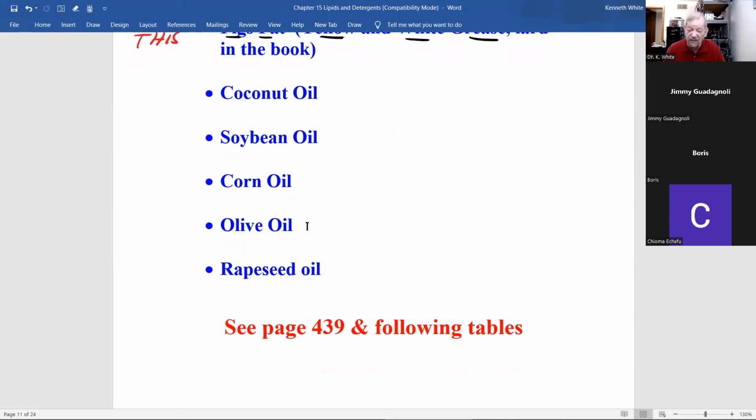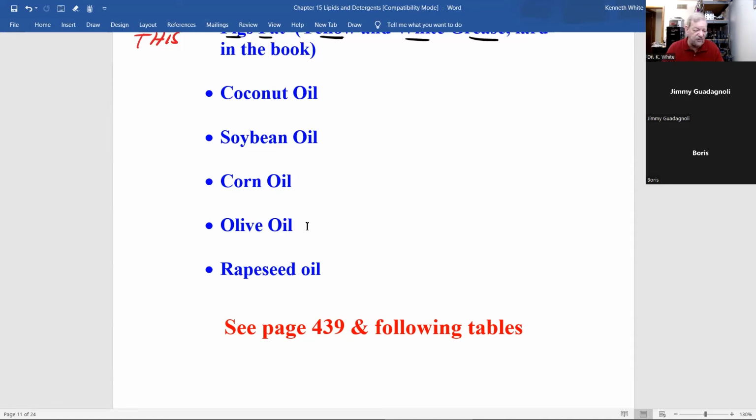Rapeseed is pressed, the seeds are pressed to make the oil, just like olives are pressed to get the oil out of them. One of the big places rapeseed oil is grown is Canada. They were trying to get Americans to buy this, but they wouldn't. Someone very smart in a marketing group in Canada, who represented the growers and manufacturers of this rapeseed oil, came up with a great idea.